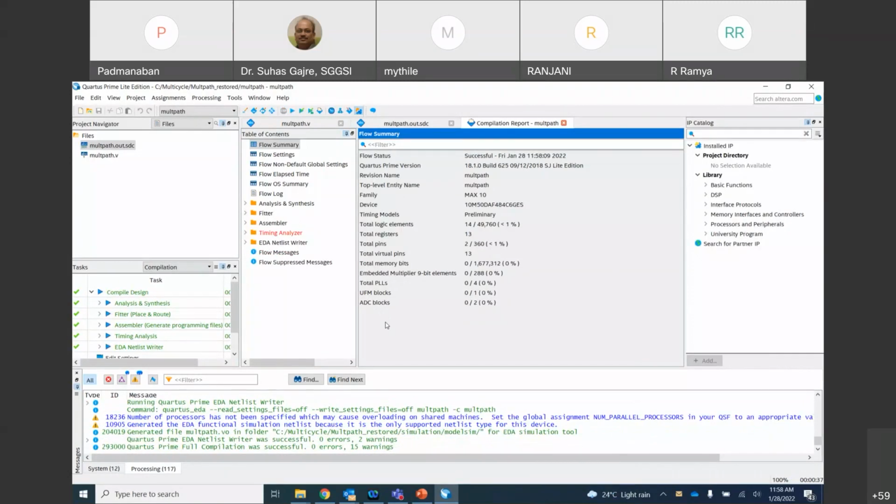Okay, now if you see, we have completed this 100%, but then we need to open the timing analysis and see what is happening inside the design.